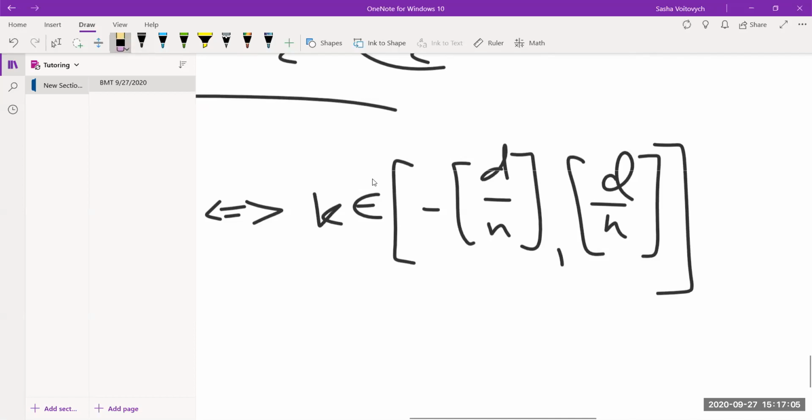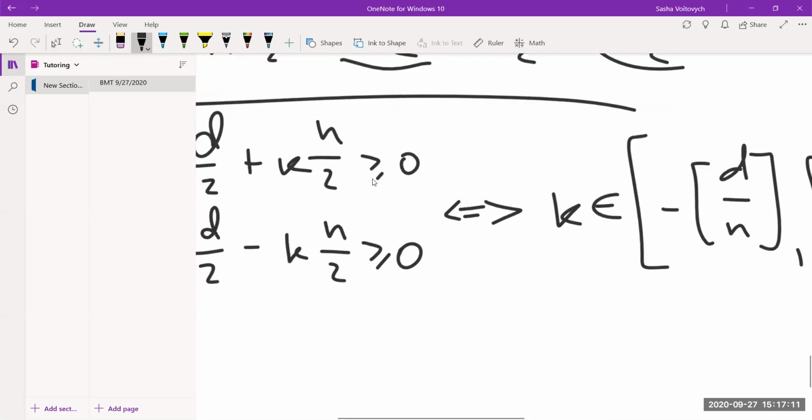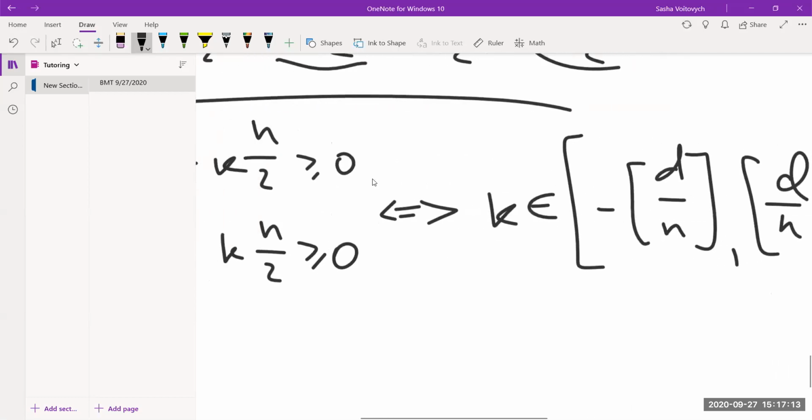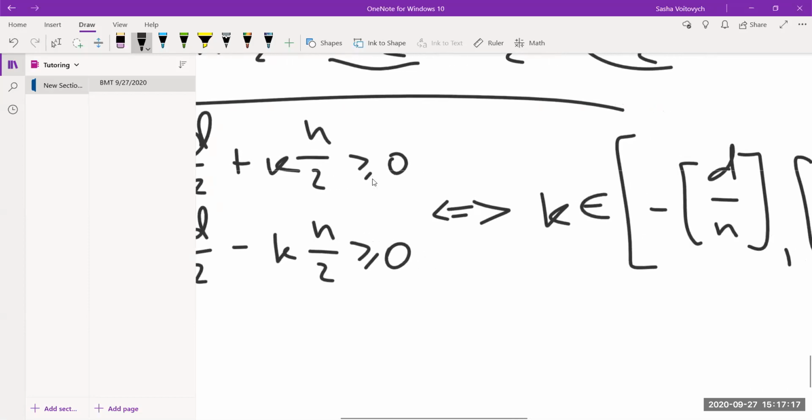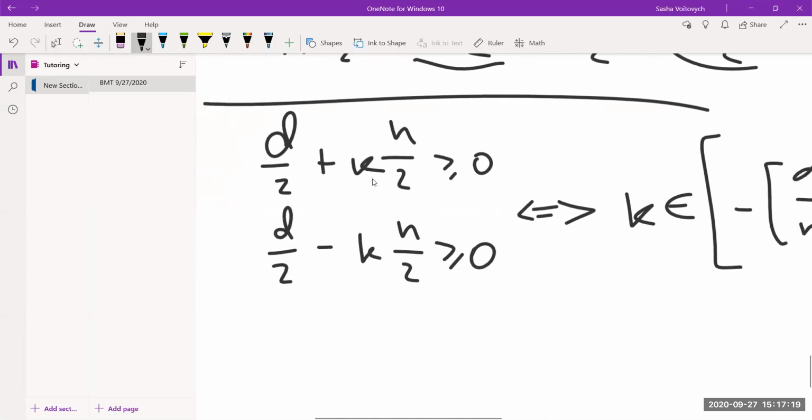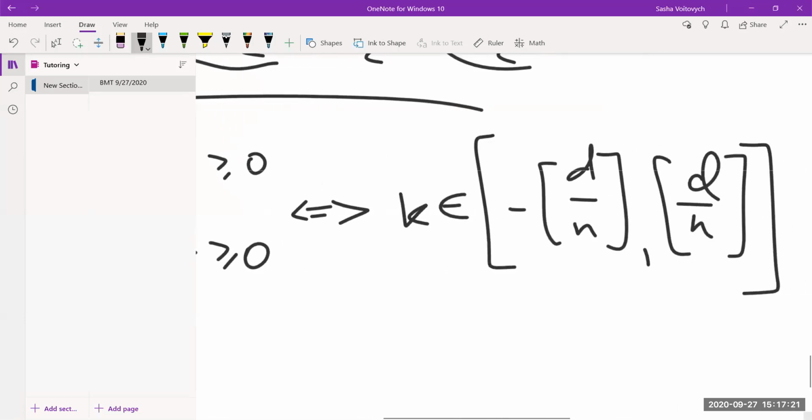So this is the interval to which k belongs. I hope it is clear why. If not, you can ask questions.